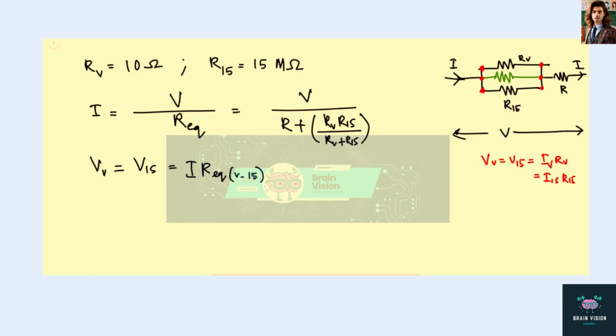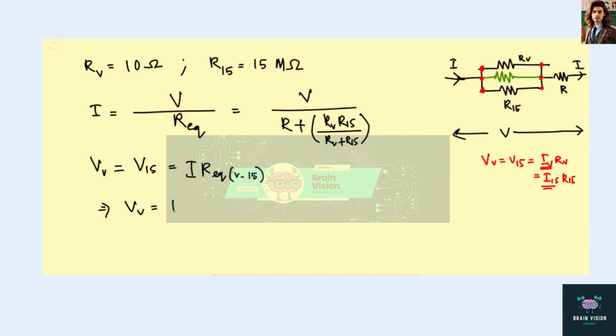In that way, you don't need to find IV and I15 separately and plug them back over here to find the voltage across the internal resistance. But even if you choose to find IV or I15 separately first and then plug the expression over here, you'll arrive at the same equation.